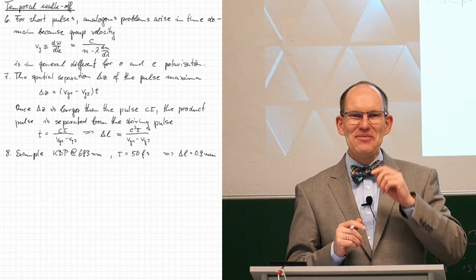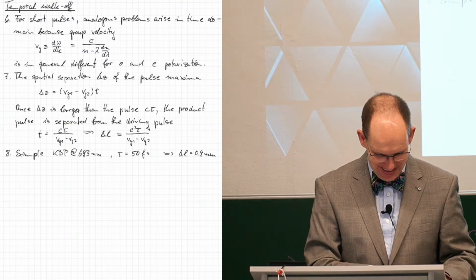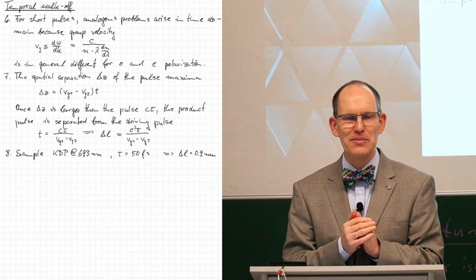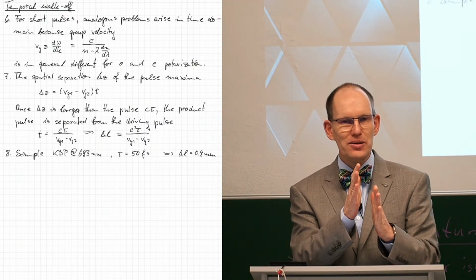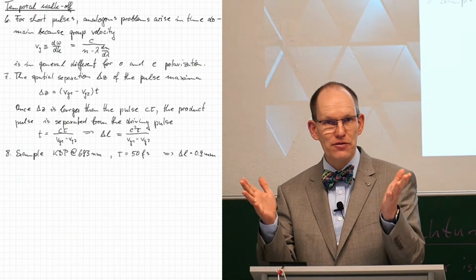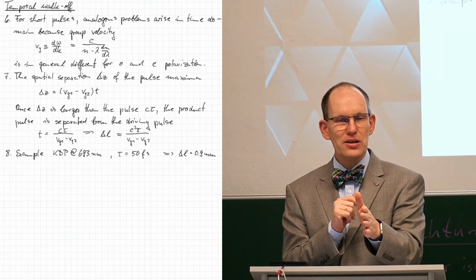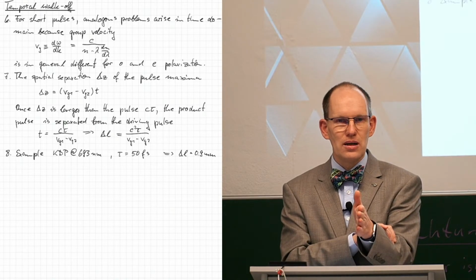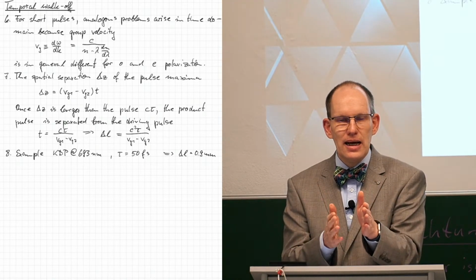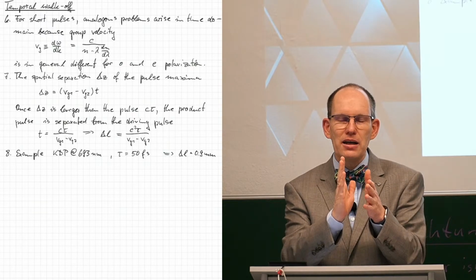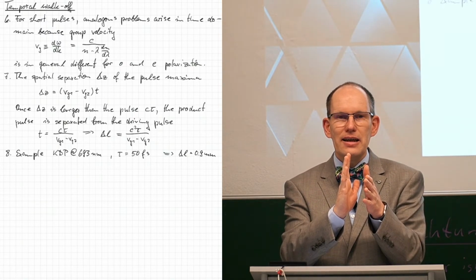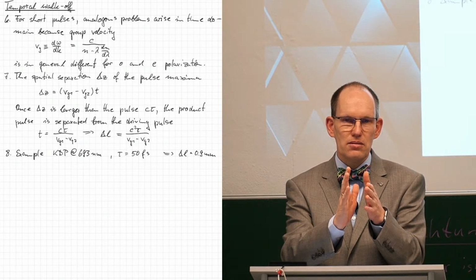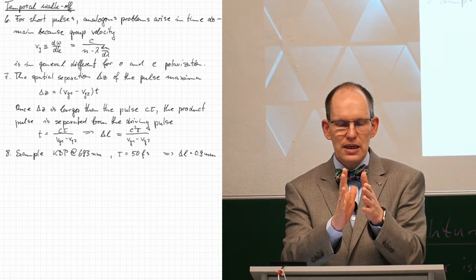Okay. So I think I have to explain again the idea of this compensation. So how to compensate, for example, for temporal walk-off. You would use several birefringent crystals in series. In the first one, you would start to create the second harmonic, say, and then you would use another birefringent crystal that is oriented such that it doesn't produce nonlinear effects.